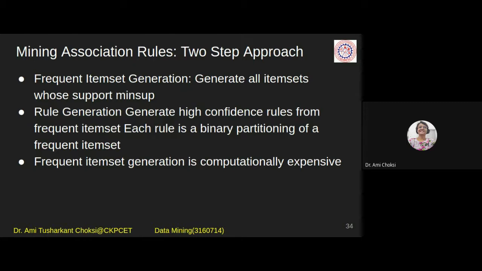That is an iterative process, isn't it? Longer process, but that we will see, right? And through that, we'll be deriving the rules. That you need to implement also, and you need to calculate the example also, right? Frequent item set generation is computationally expensive, right?